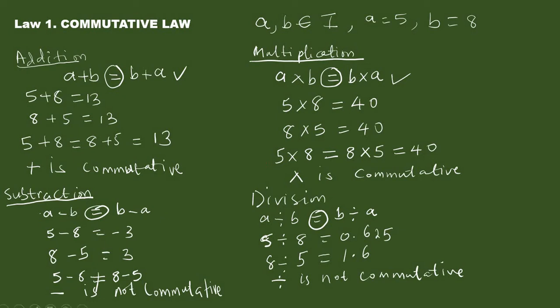So next is the associative law. This has to do with three or more numbers. It can be under addition, it can be under multiplication and so on.